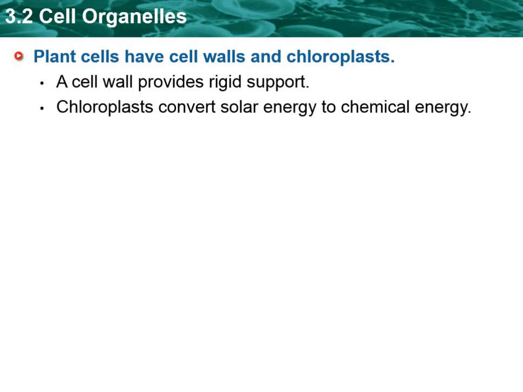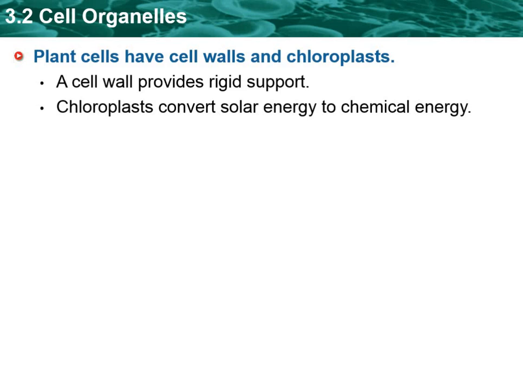Chloroplast is another structure that plant cells have that animal cells do not. Chloroplasts, and again this is going to come into play in the next chapter, are going to convert solar energy to chemical energy. And so they're going to absorb the sun's light and convert it into glucose, a sugar that the plant will then be able to use to basically run all of the other jobs that the plant needs to do.